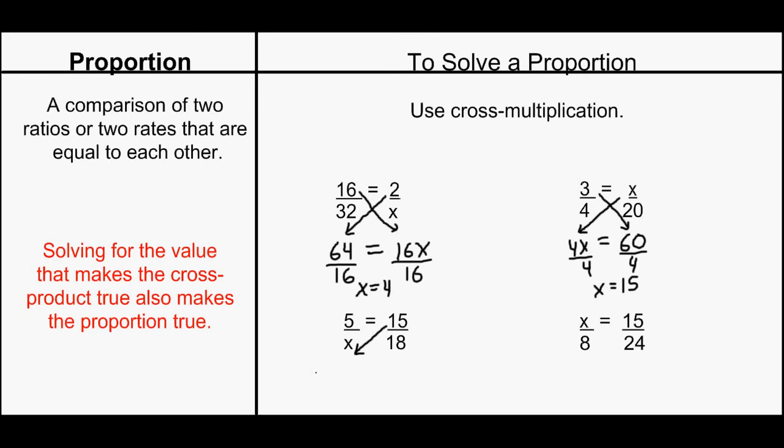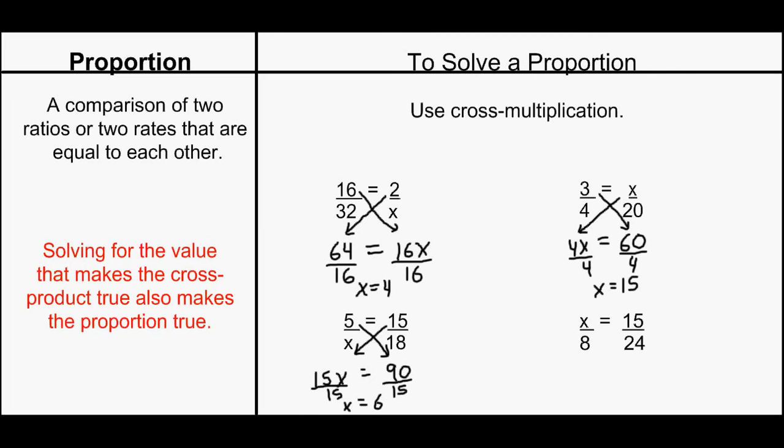Let's try another one. 15 times x is 15x. 5 times 18 is 90. We will divide by 15 on both sides. 90 divided by 15 is 6.